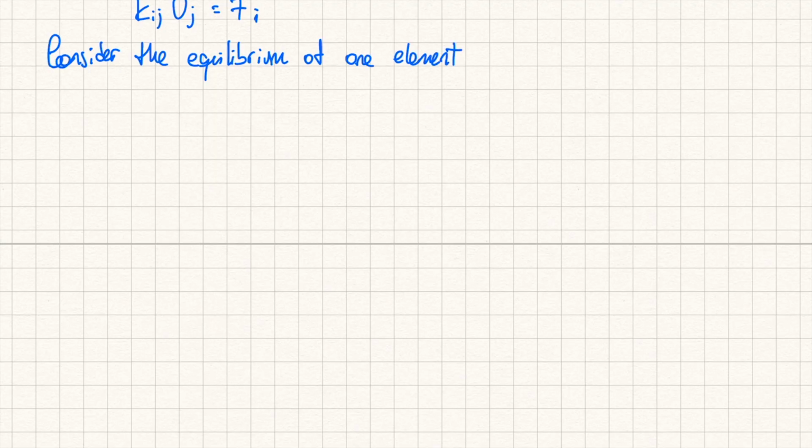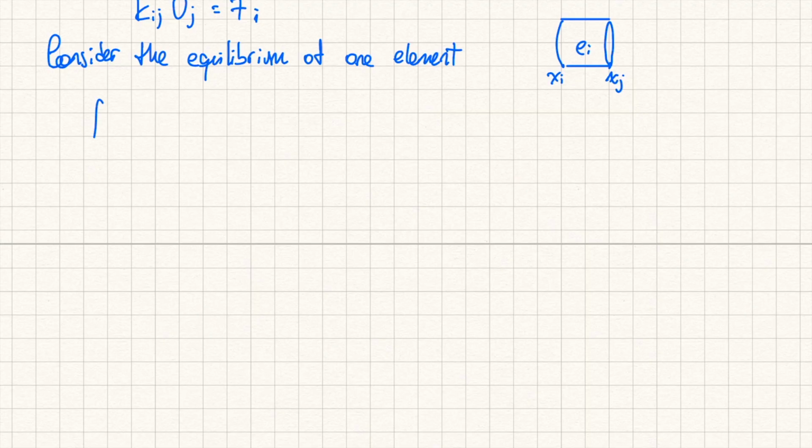And say we take this, this is my element, this is x_i, this is x_j. And now we're going to write what is the weak form of equilibrium for that element. And we're not going to write it in the abstract form, but we're actually going to write the actual representation of that bilinear form for this problem, which is elastostatics.